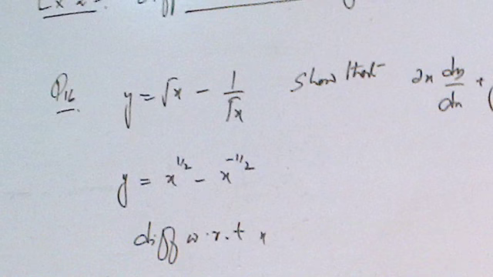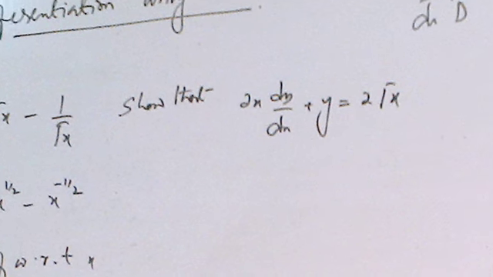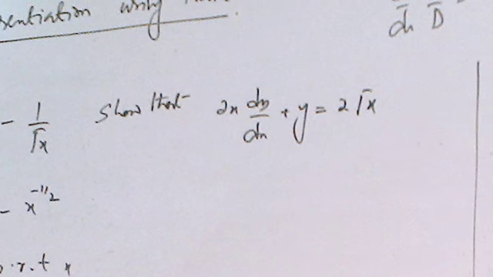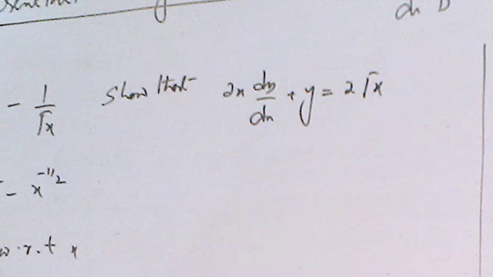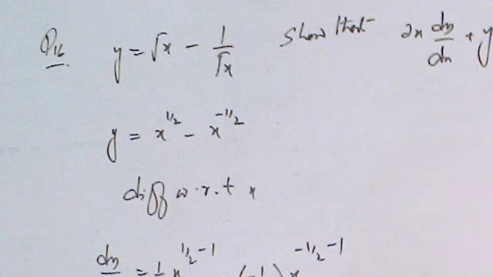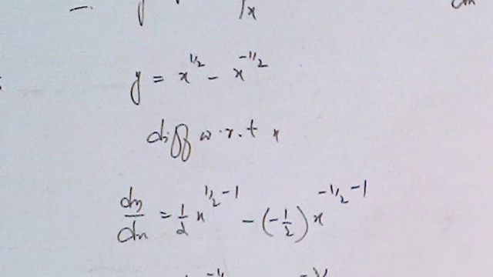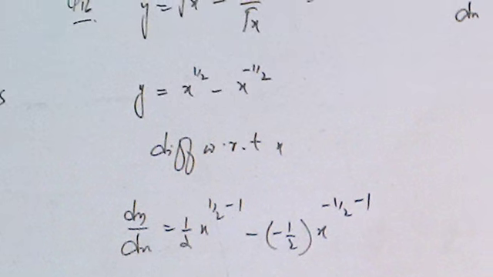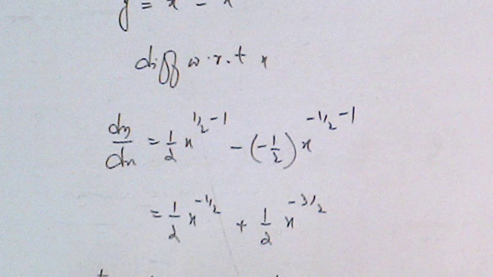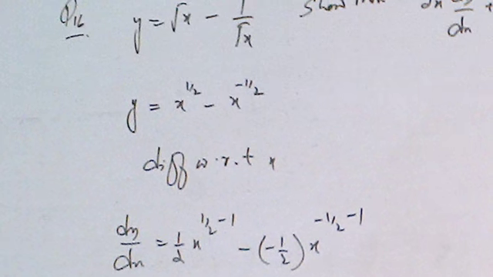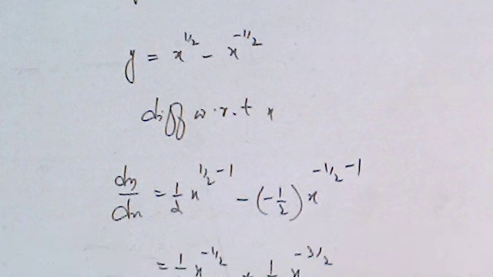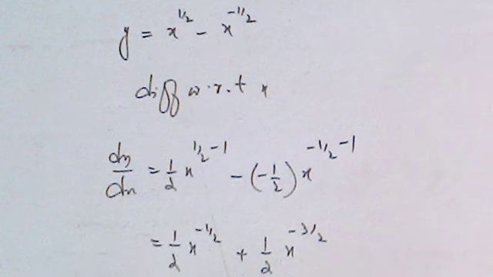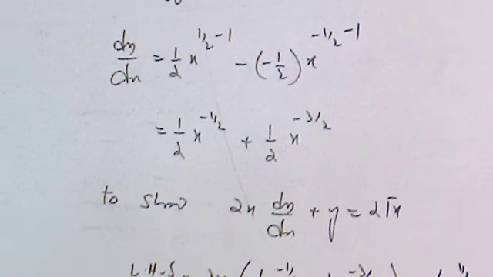Now in this question we have y, and show that 2x dy by dx plus y is equal to 2 square root x. Now we have y as x to the power 1 over 2 minus x to the power minus 1 by 2, and n minus 1, we take the derivative of this value, n minus 1, and in the second term n minus 1.